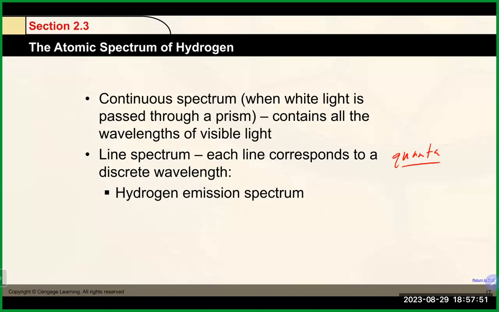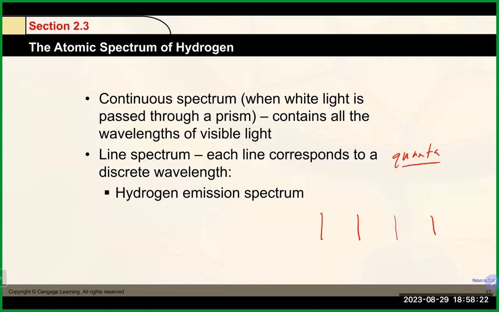When you excite something like hydrogen, you will get these specific lines, which is referred to as a line spectrum, at specific wavelengths and specific colors. They are so specific that each element will give off a different line spectrum. So you can identify a particular element by what color lines you see and what wavelengths they're coming off at. And this is the idea of the quantization of energy.